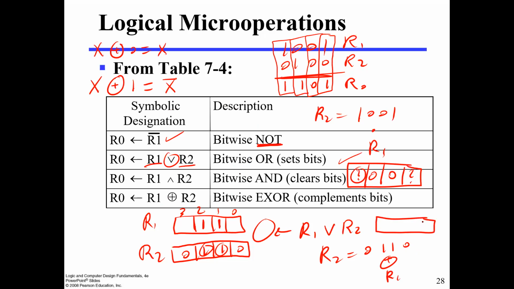The result will come out as follows: 1, 2, 3, 4. This bit will be complemented, this bit will be complemented, and these two will stay the same as they were before the operation. Okay. If you want to set some bits, we can use R2 as a mask. If you want to set certain bits, you load R2 accordingly. Same for clearing bits or complementing certain bits.